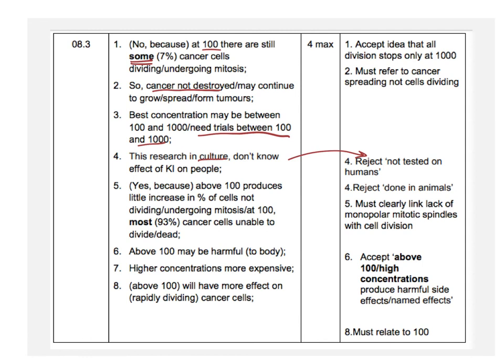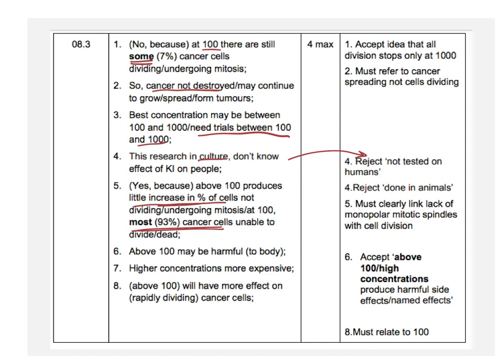Now you could have said yes, that 100 nanomoles is fine, because any further increase above 100 nanomoles has only a little increase in the percentage of cells not undergoing mitosis. Or you could have said that at 100 nanomoles, most of the cancer cells are unable to divide.